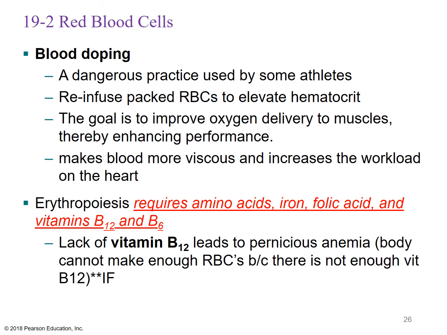Unfortunately, this will make the blood more viscous, and therefore it will increase the workload on the heart. When you think about viscosity, think about the difference between water versus honey or maple syrup. Whenever the blood becomes more viscous, we are going to have problems with flow. If we have problems with flow, then of course this is going to stress the heart out, and so blood doping can become a dangerous issue.